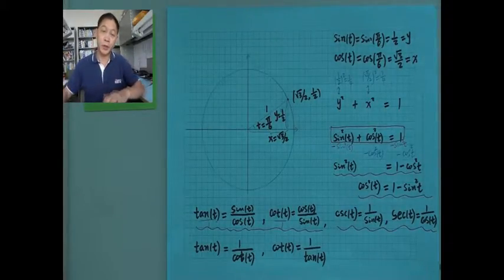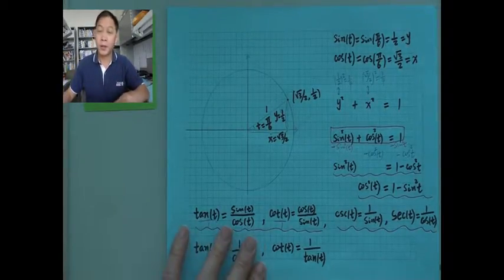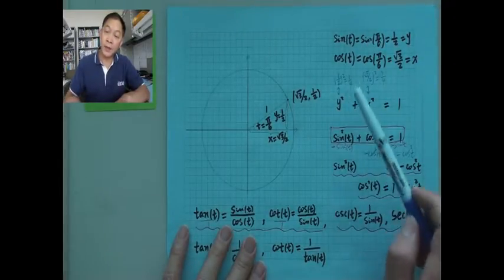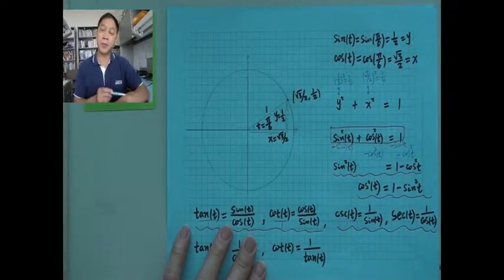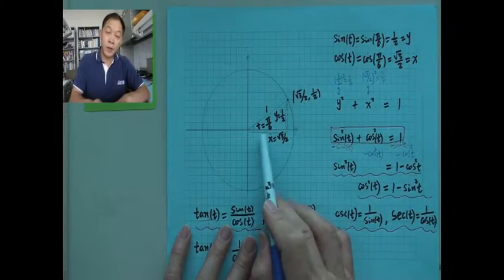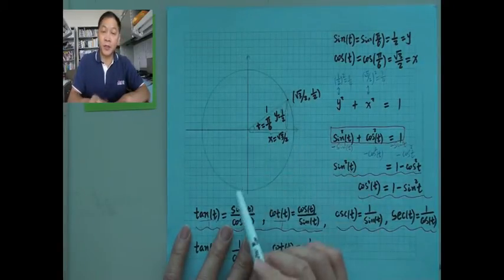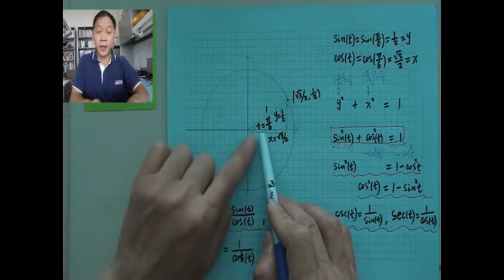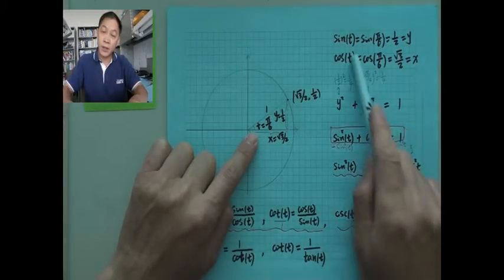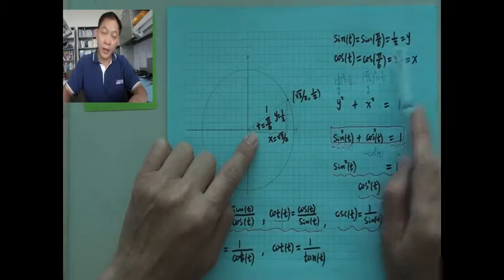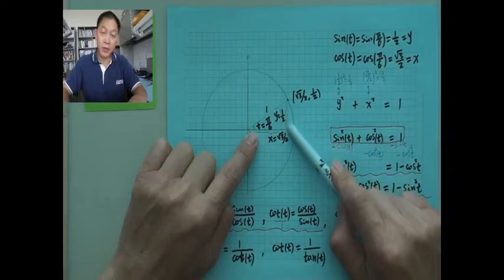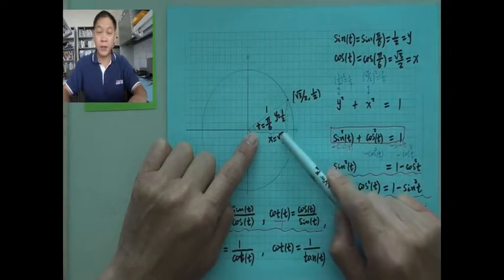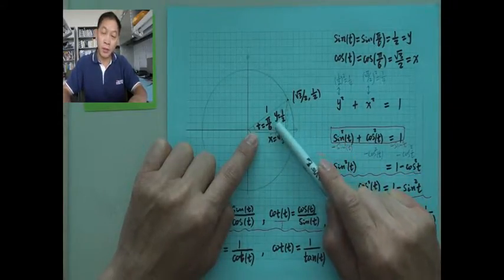Before we do the new lecture, let's review identities again. Here we know in this unit circle, t is the angle. So sine t is actually y, in this special case 1/2 when t is pi/6.